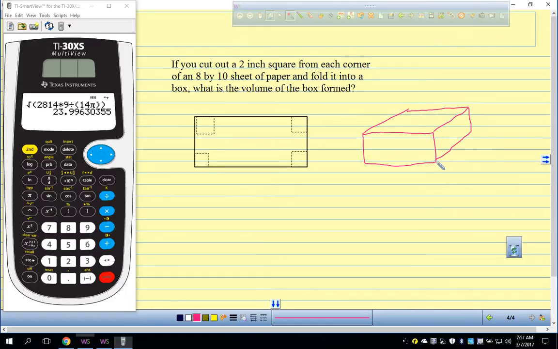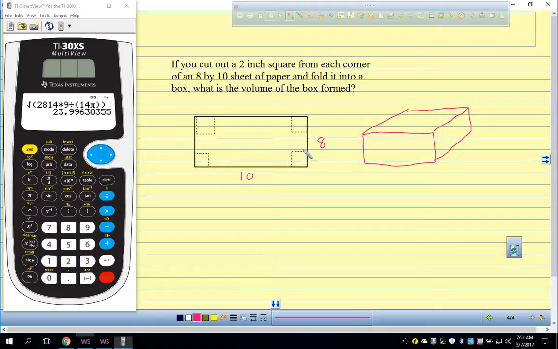Not too bad, right? If this is a 10 and this is 8, and I cut out a 2-inch square from each side, how far is it from here to here?